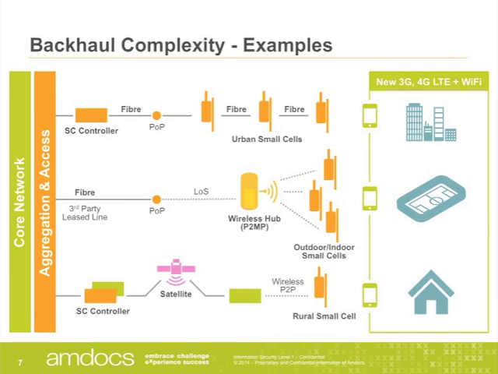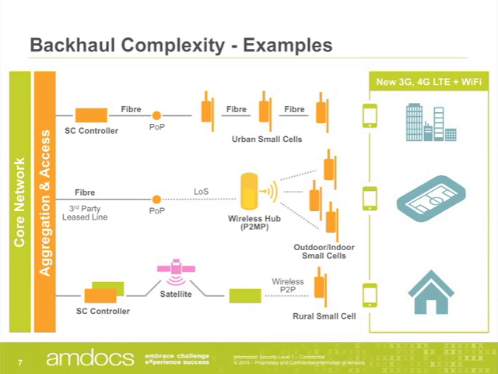So I talked about the complexity, and where does that complexity actually come from? Well, we know that much of it is in the backhaul, and there are many different backhaul permutations, technologies, different types of deployment options. And here are just a few examples.